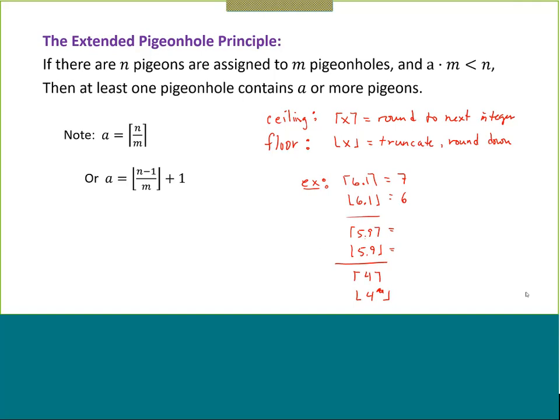You're all overthinking it. So ceiling did what? You're going to round up to the next integer. So what's the next integer that is bigger than 5.9? What are we going to round up to? Yeah, you round up to 6.